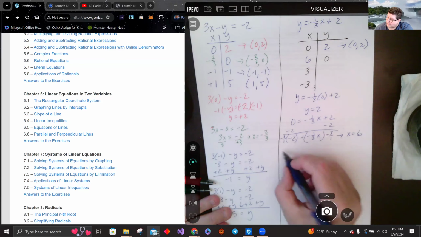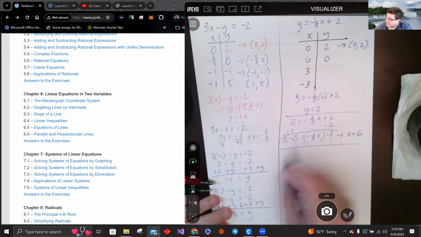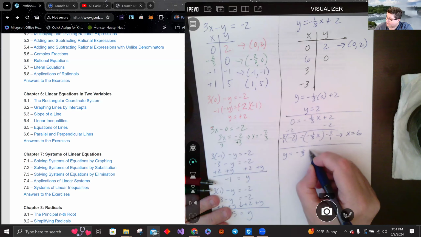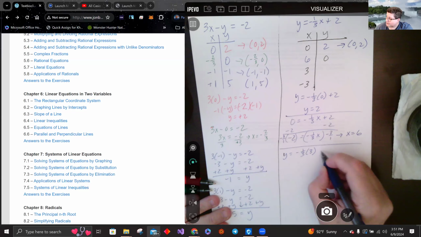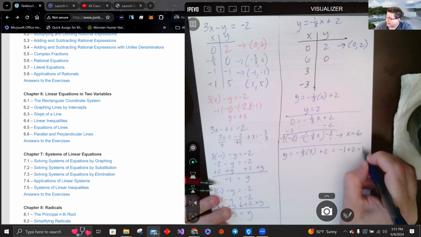And now we'll do the positive 3 and the negative 3. y equals negative 1/3 times 3 plus 2. This is negative 1 plus 2, which is 1.